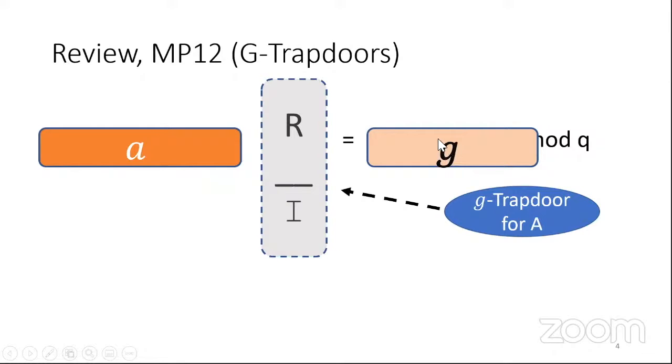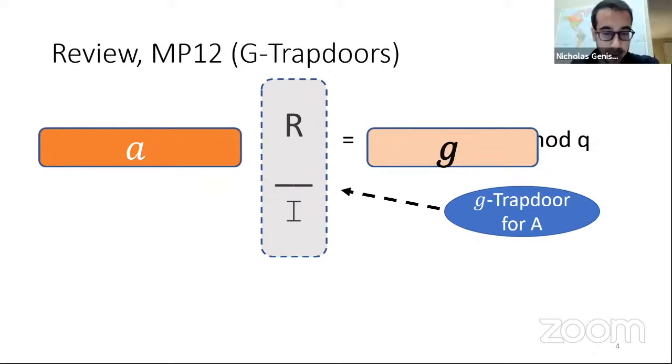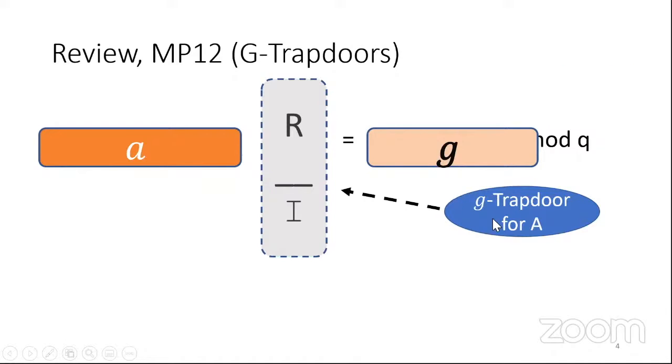It can really be anything such that SIS is easy to solve on this, and it's a little non-trivial. You can't just throw the identity matrix in here, because then something with large coefficients won't have a small preimage, but usually this is going to be like a power of 2 vector, and we call this matrix R here a G-trapdoor for A.